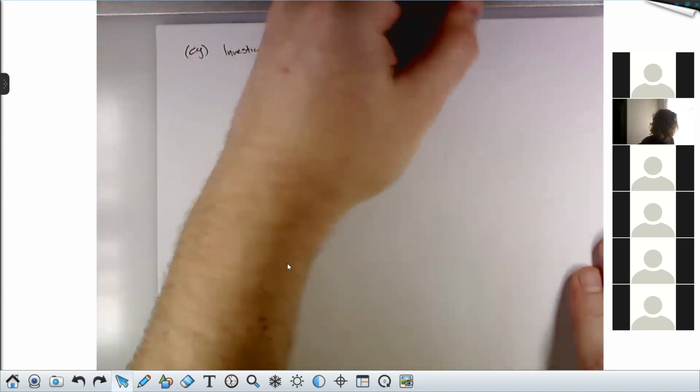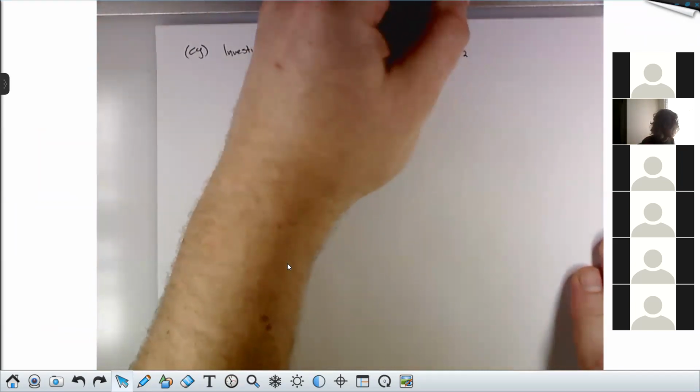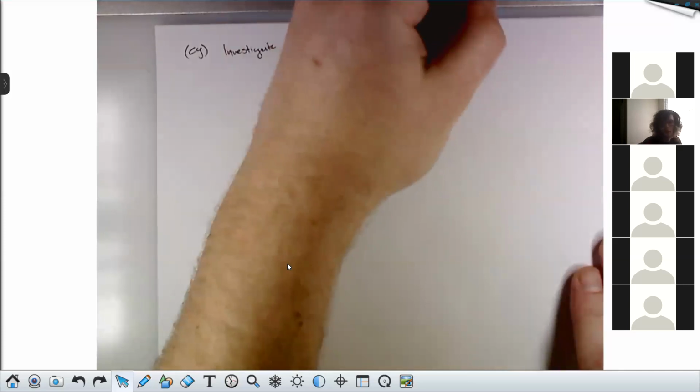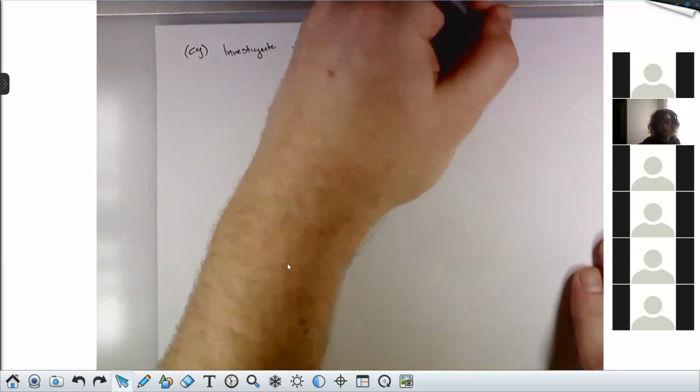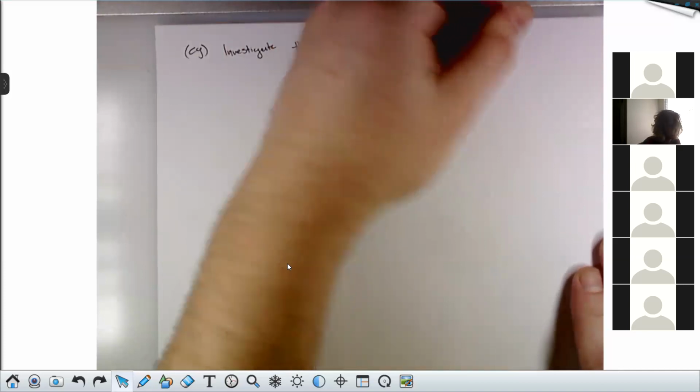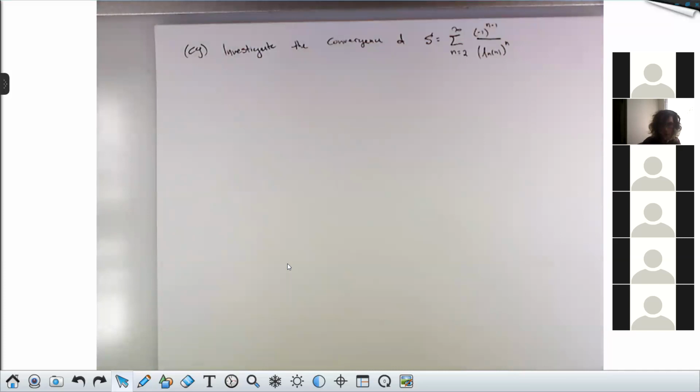The series is starting at 2 to avoid the problem with the natural log of 1 being 0. So this is the object in question.